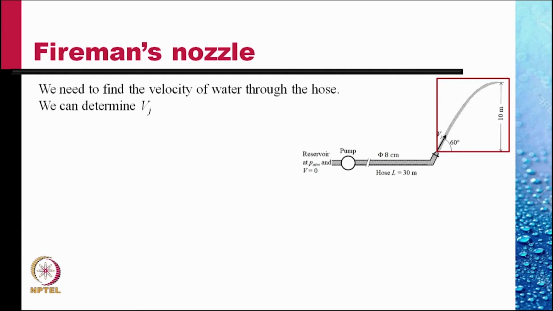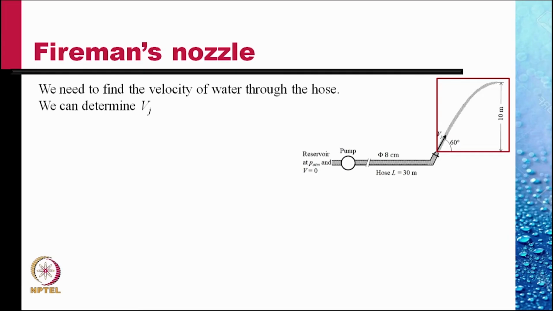During the time the jet rises, the vertical component reduces because of gravitational force downwards, and at the top the velocity component in the vertical direction is 0.